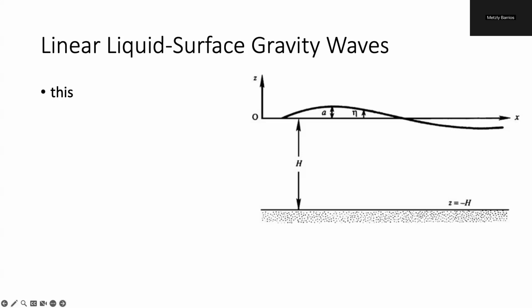The gradient of z is 1 in the direction of z, so I'm going to put it second because z is going to be second. And then the gradient of the other term is d eta dx in the direction of x, plus z hat.